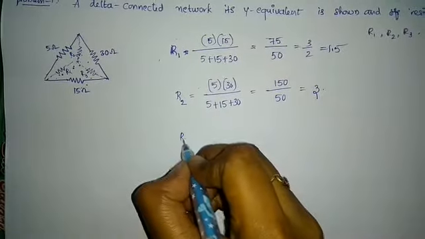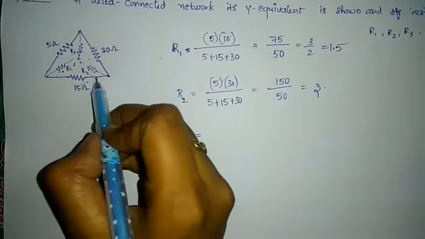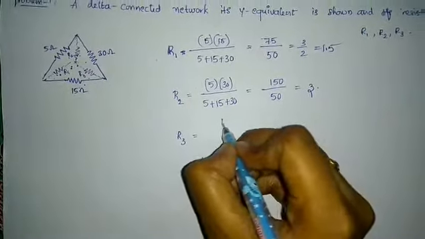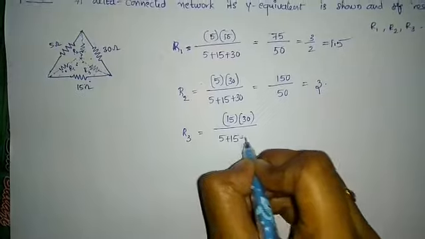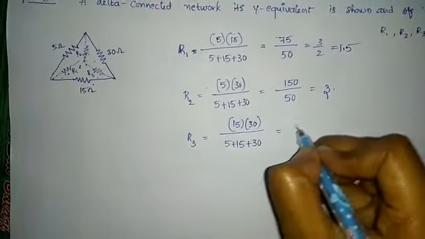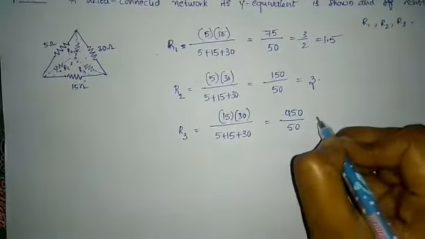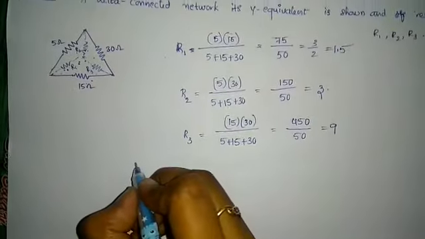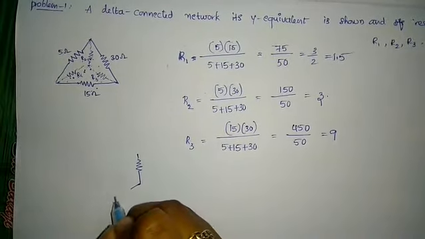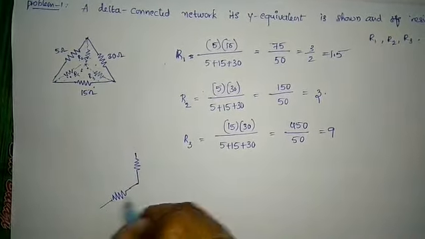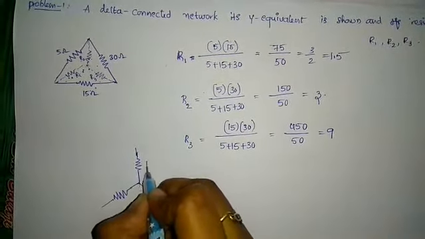And coming to the next resistance R3, as the R3 is here and the adjacent resistances are 15 into 30 by 5 plus 15 plus 30, and we get the answer 450 by 50, and the third resistance is 9, and the equivalent Y network will be like this.